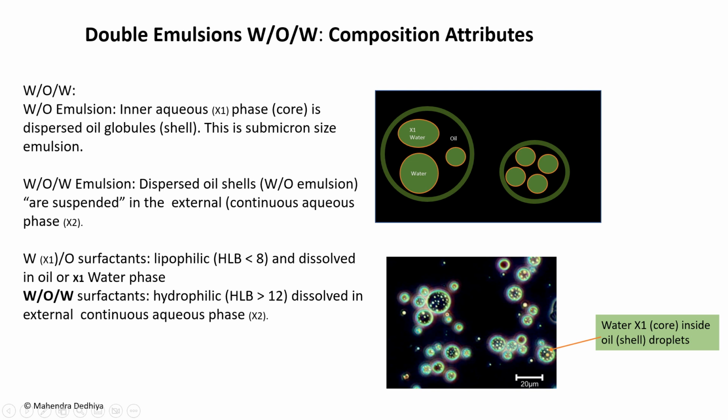This emulsion is then emulsified in the continuous phase of water. The surfactants here have an HLB of greater than 12, and generally they are dissolved in the aqueous phase.